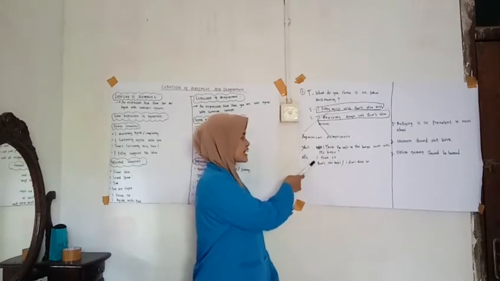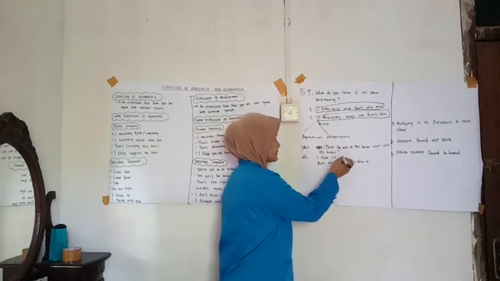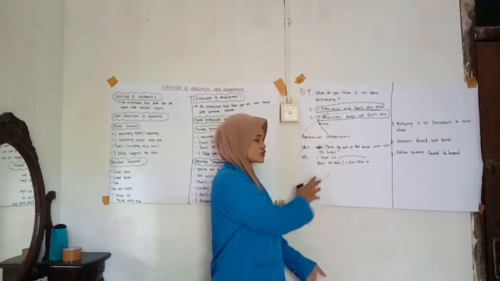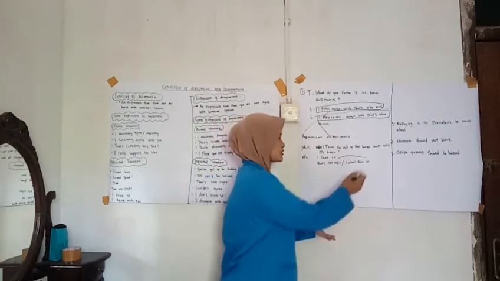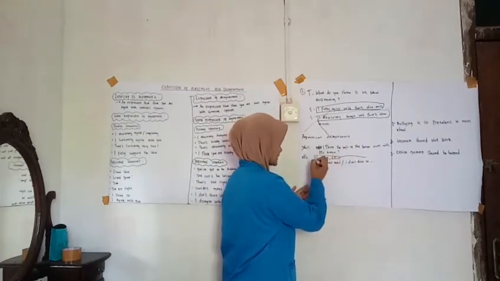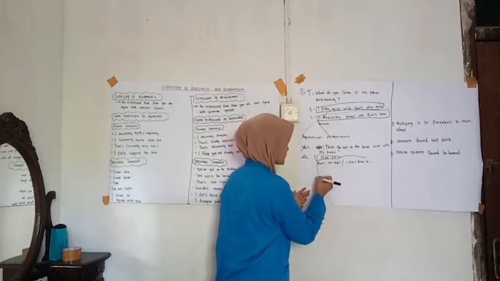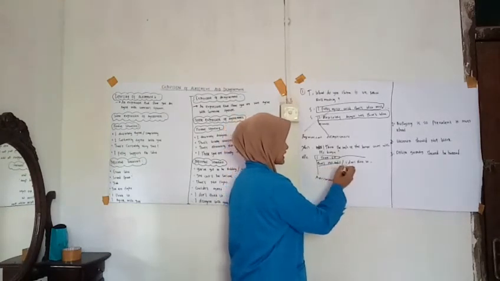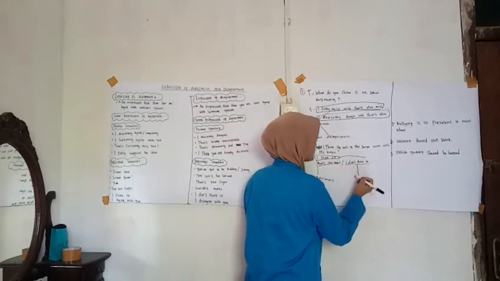If you agree, you can say I think so. Or if you disagree, you can use that's not right or I don't think so because. I think so shows agreement. And that's not right and I don't think so show disagreement.